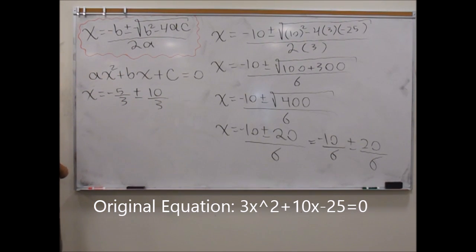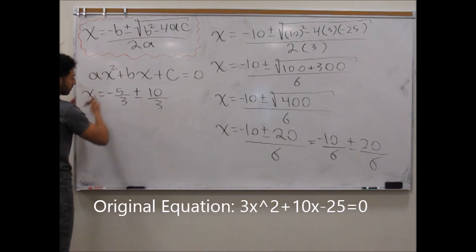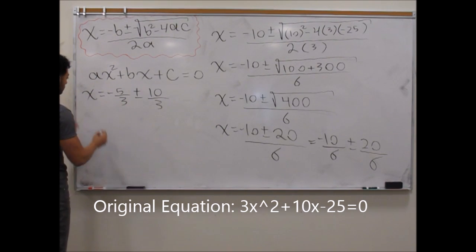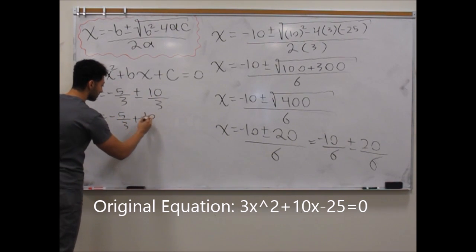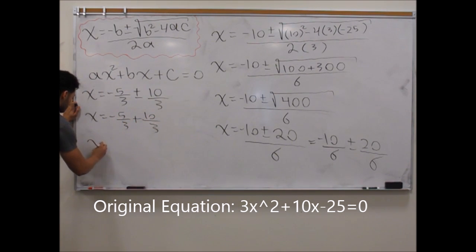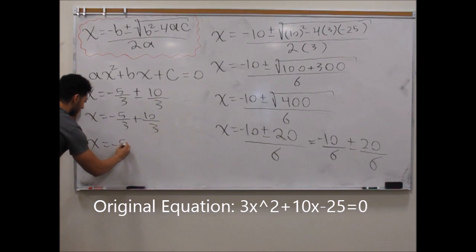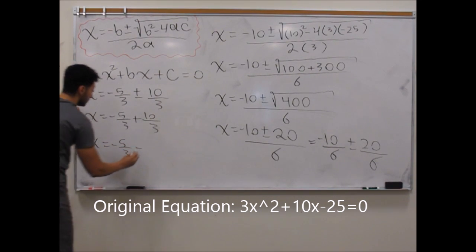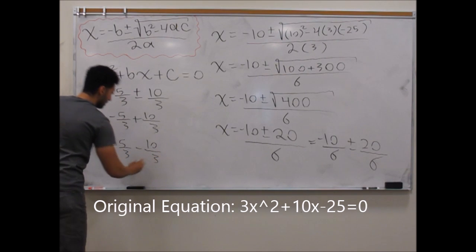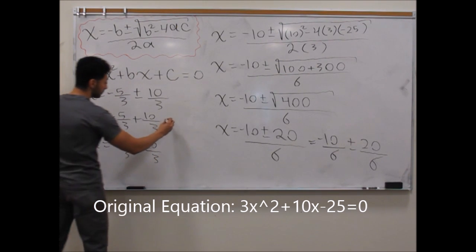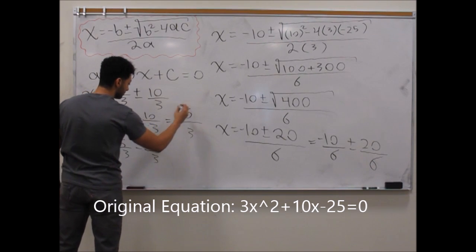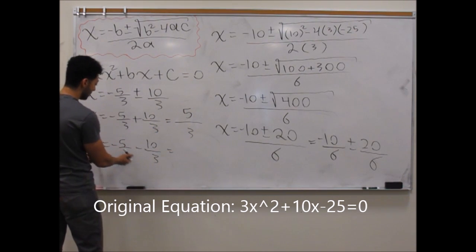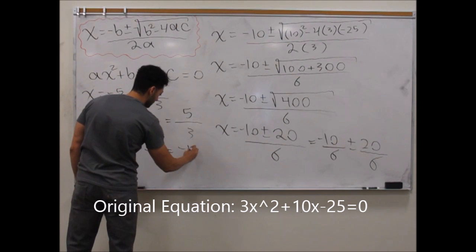Okay, so now you have to account for the plus and minus, so here's where we get the two solutions. So we got x is equal to negative 5/3 plus the 10/3, and then we also got x is equal to negative 5/3 minus the 10/3. And we already have an LCD, so 10 minus 5 is 5, and negative 5 minus 10 is negative 15.